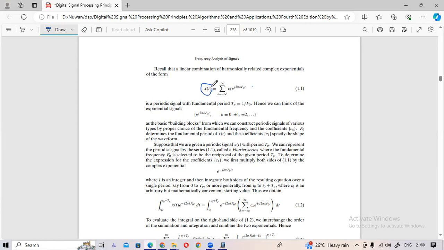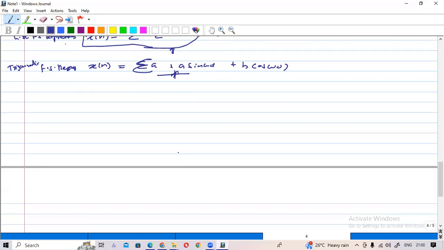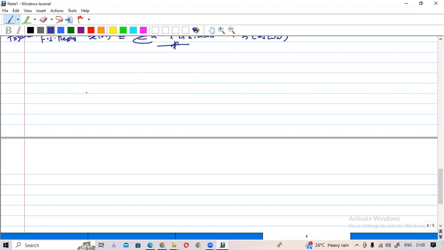If you consider this x(t), that means any continuous time signal, x(t), we can represent as a sum of complex exponential terms with weightage, e to the power j omega naught k t. This k can be from minus infinity to plus infinity.